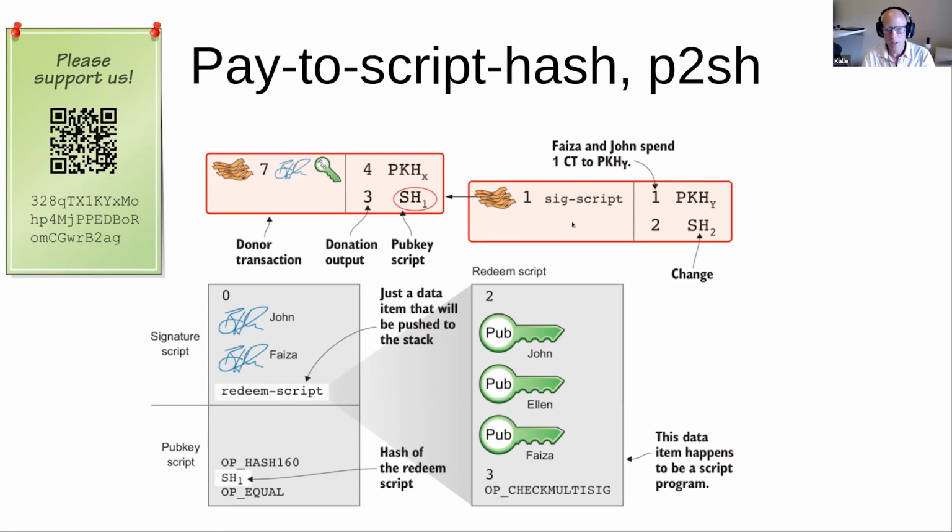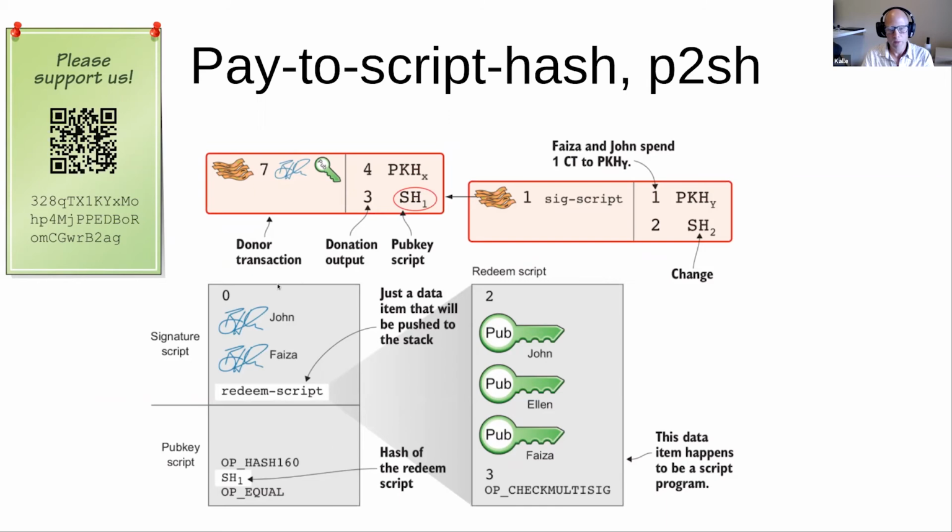But let's zoom in on this a bit. We look at the pub key script first, and that's in the program area down here. It contains op equal followed by the script hash and op hash 160. That's the full program so far in the pub key script.